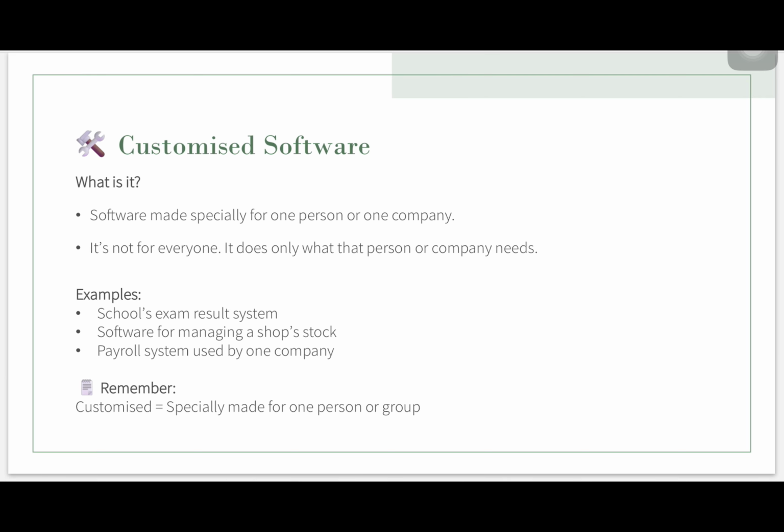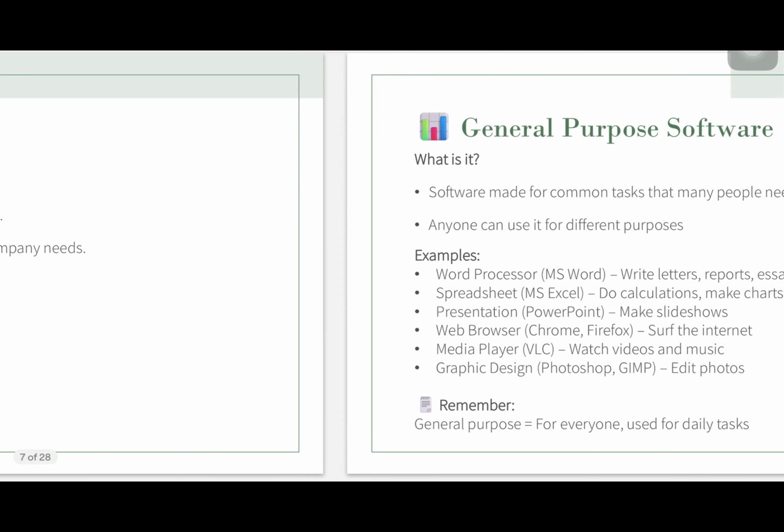Then second, we can take Union Bank or Axis Bank. All these banks have their own application. Why? Because every bank has its own rate of interest, right? Same for their own customers. So they are giving features only to their own customers. That's why it is called customized.